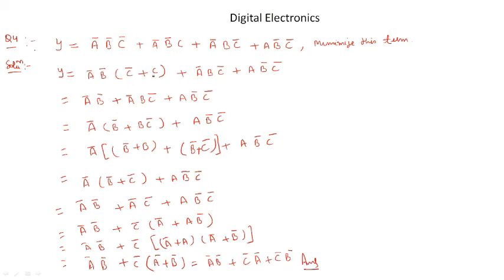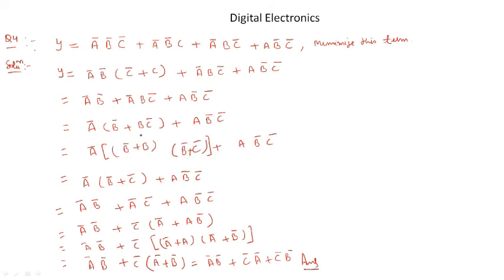Now c bar plus c will be 1, so your term will be a bar b bar plus a bar b c bar plus a b bar c bar. Now in the first two expressions, you can take out a bar, so it will be (b bar plus b c bar) in bracket plus a b bar c bar.